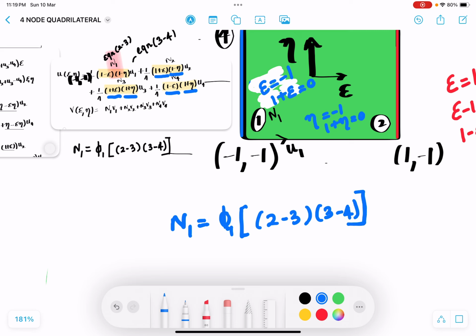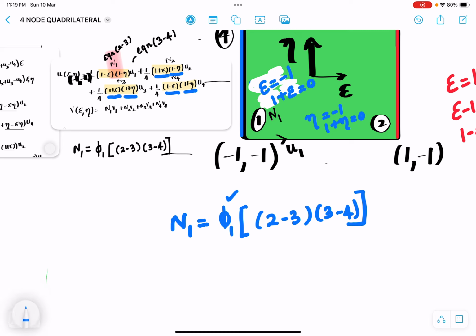Now, in order to find the constant phi 1, you use the technique that at the nodal point 1, at node 1, the value of n1 should become 1. So n1 is equal to 1 into phi 1 into, what is the equation of the line 2, 3? It is 1 minus epsilon.